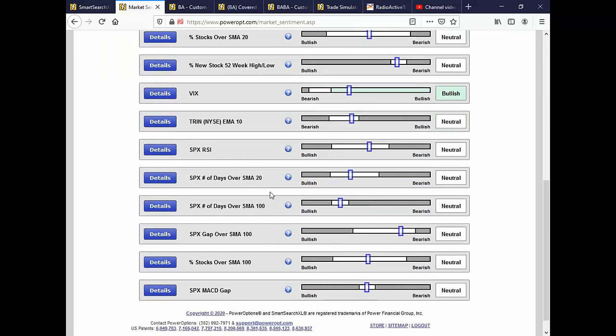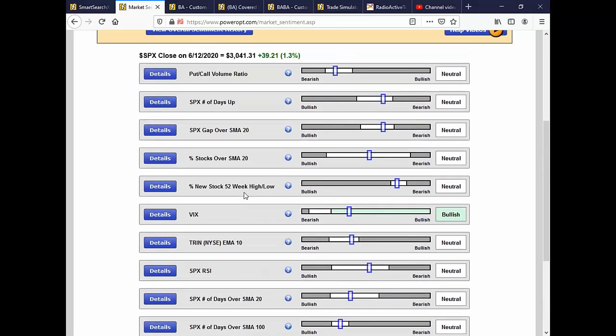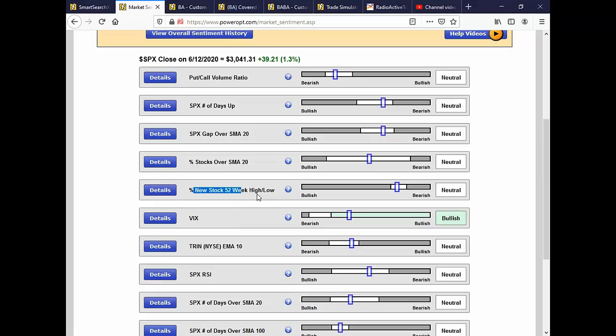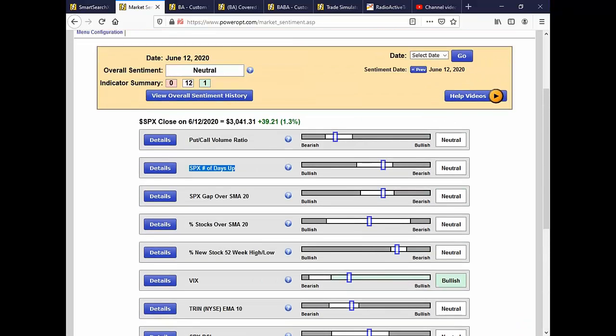And he settled on 13 different broad market indicators: VIX, TRIN, new stock, 52-week highs versus 52-week lows, the percentage of stocks that are over their 20-day moving average, how large the SPX gap is over its 20-day moving average, the number of days up for SPX, put-call volume ratio across the market, and then some other ones there as well related to SPX and the RSI of the SPX also.